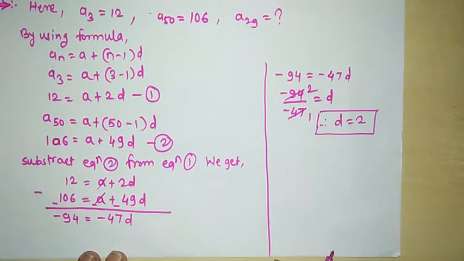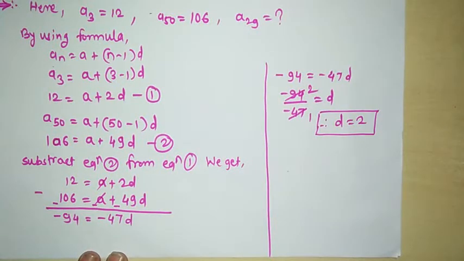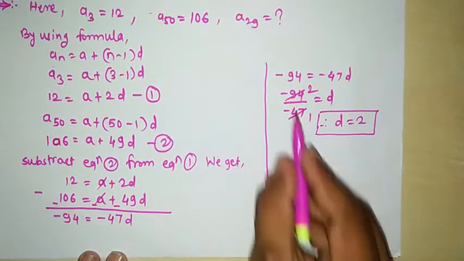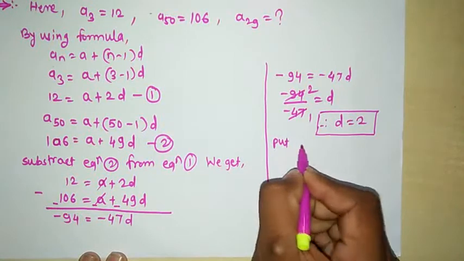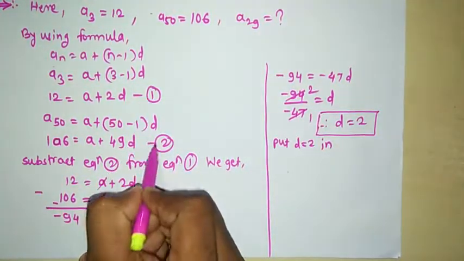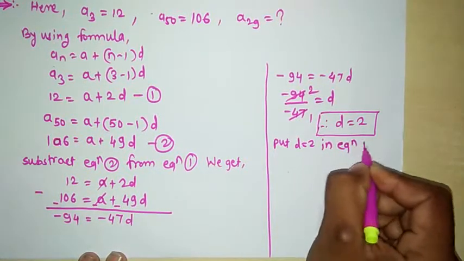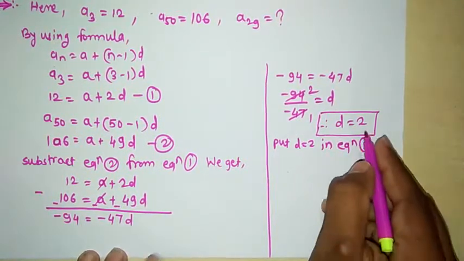Now what do we have to find here? We have to find the 29th term, that is a29. For this we also require the first term. Now put d is equal to 2 in either equation 1 or equation 2. I will put it in equation number 1.